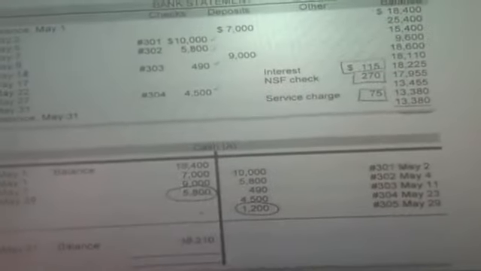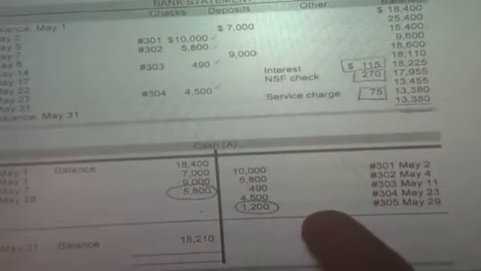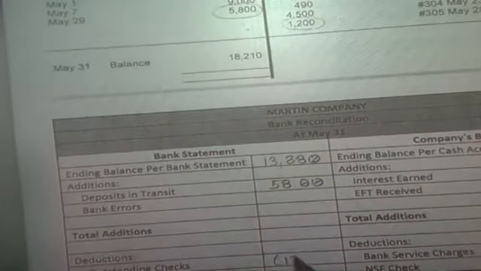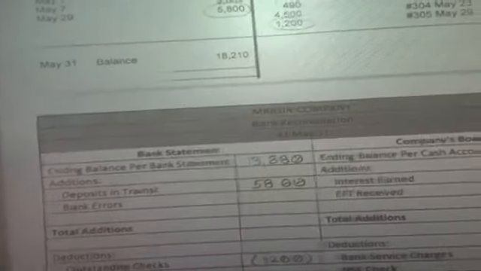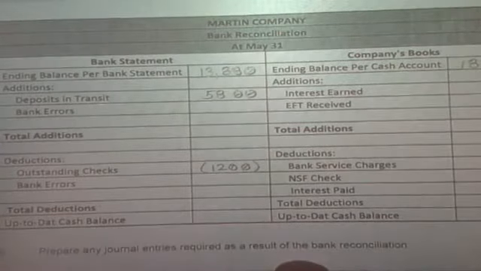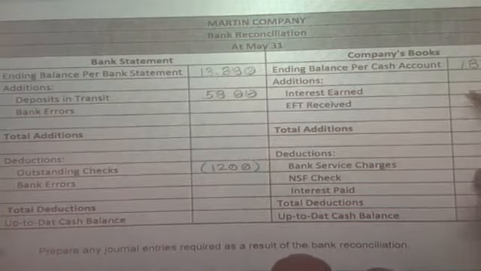We're going to look at the books for anything else that we said we didn't have, which was this $1,200 outstanding check. That $1,200 outstanding check will reduce here. Okay. And we will come up with the totals at the end. All right. On the bank, we're going to look at any interest earned at $115.